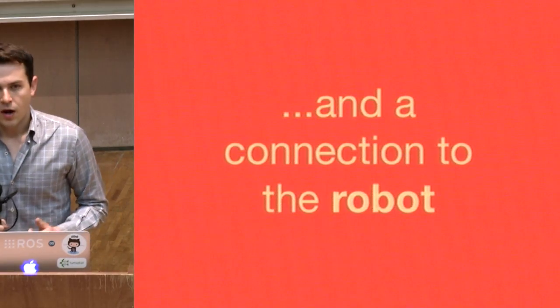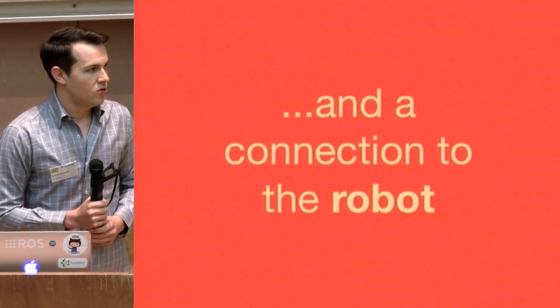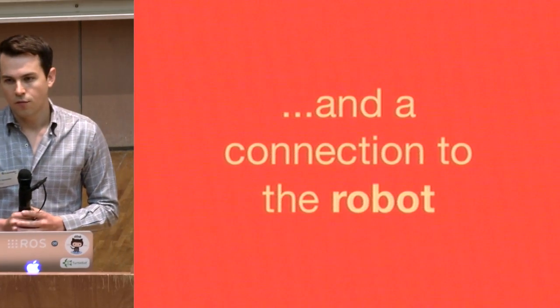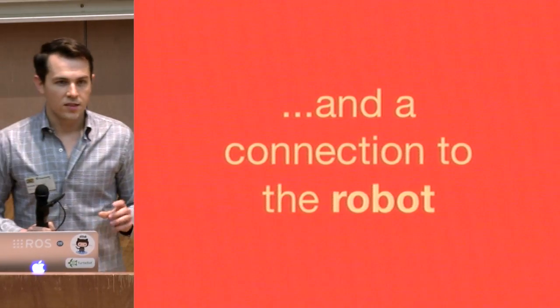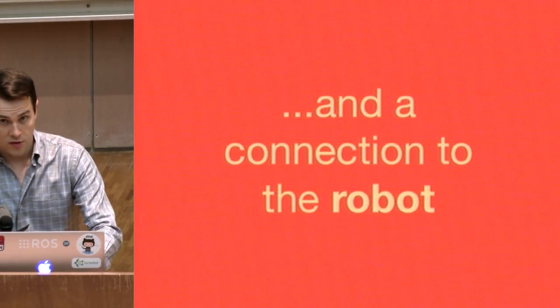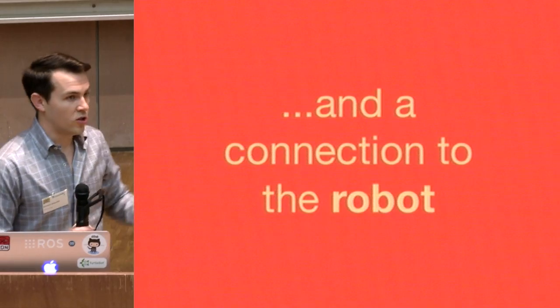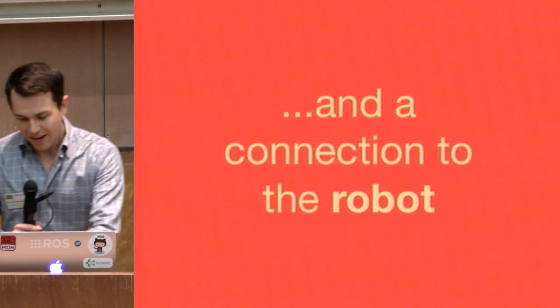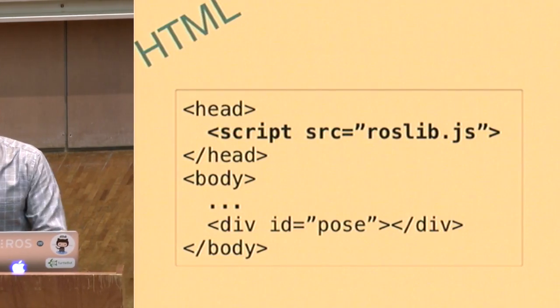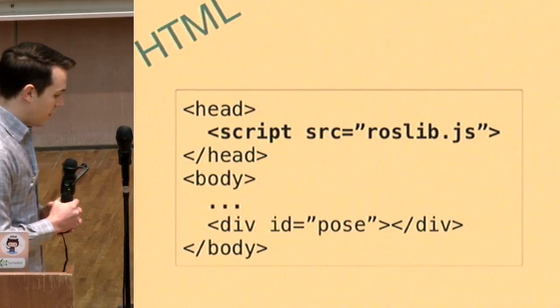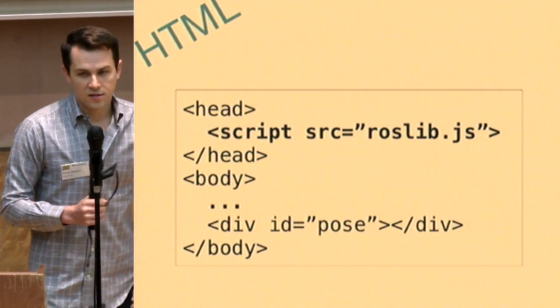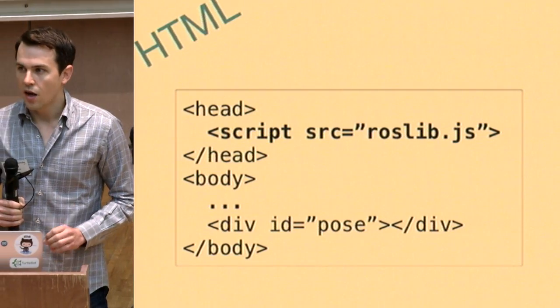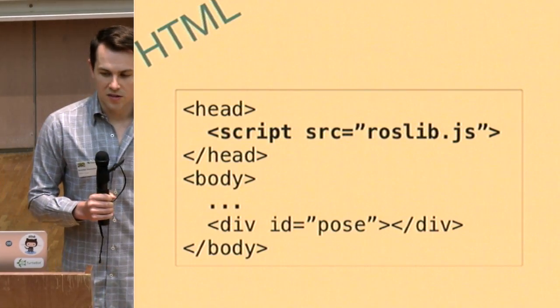So right now, I'm running RosBridge on a Turtlebot 2 at Willow Garage's offices in California. So let's get this web page that you just saw on this computer to talk to the Turtlebot 2 halfway across the world, hopefully. And that's where RosLibJS comes in. RosLibJS exposes the core functionality of ROS to your browser.